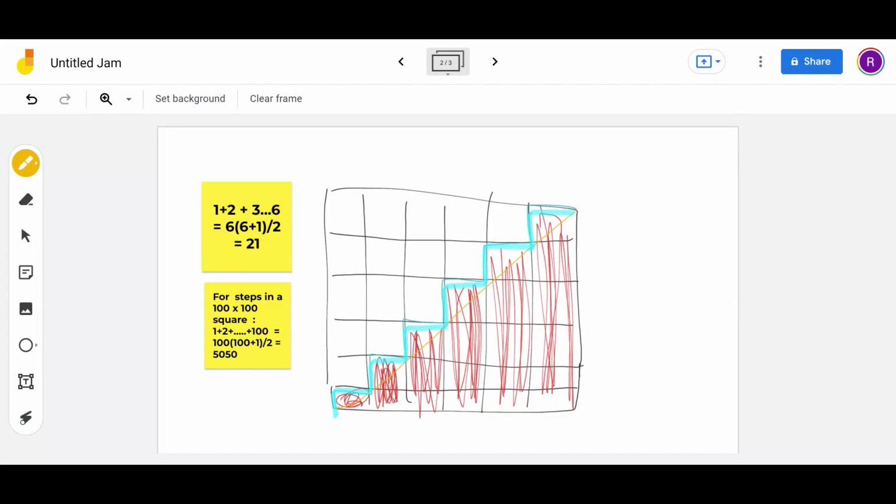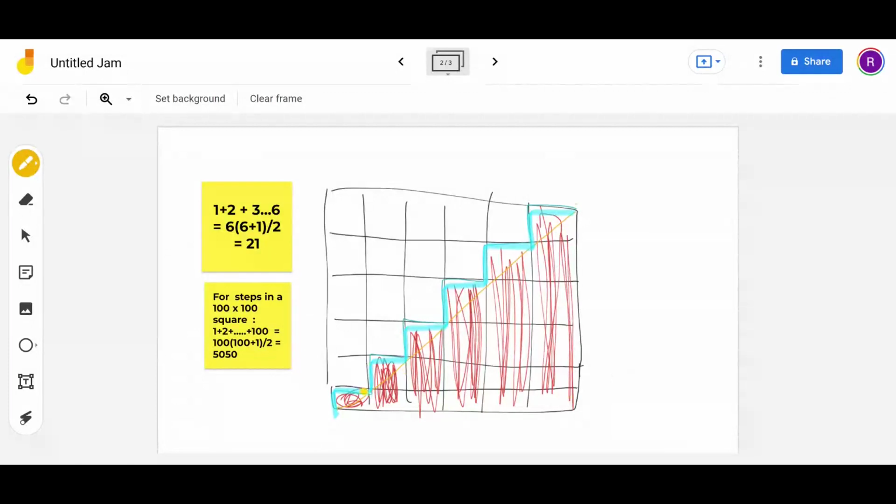So what I'm asking is that this 5050 is the area of these steps when you have a 100 by 100, right? So this is roughly the area of a 100 by 100 triangle. What is the exact area of a 100 by 100 triangle?